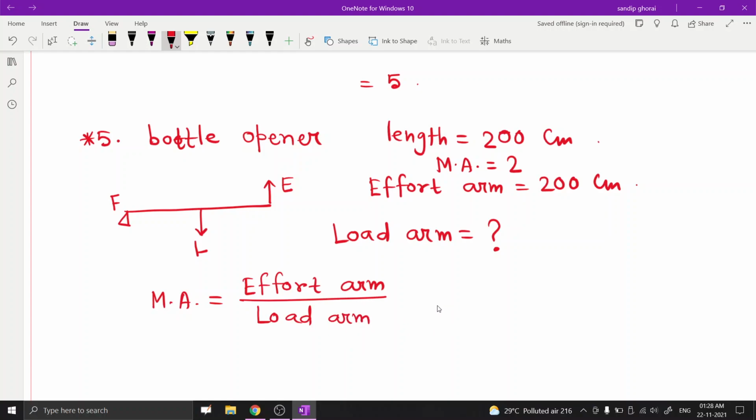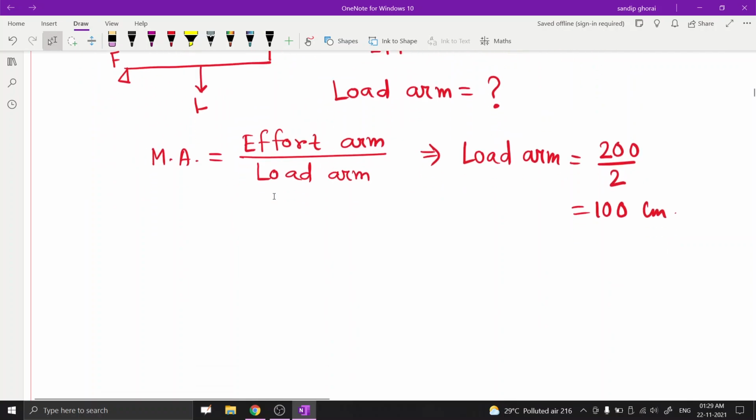So what is its load arm? Simply load arm is equal to effort arm divided by mechanical advantage. So the answer is 100 centimeter.